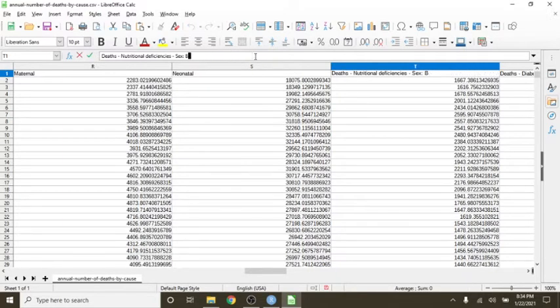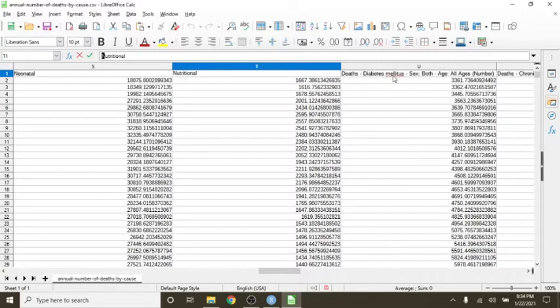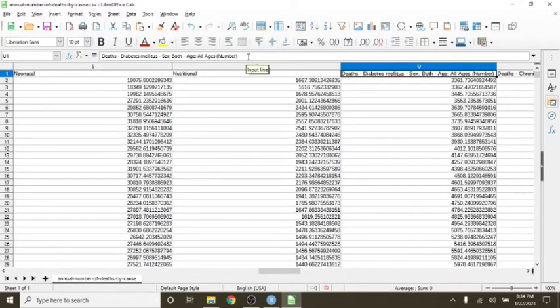This would be hunger and poverty, nutritional. Okay. Diabetes mellitus. I'm going to call this diabetes.